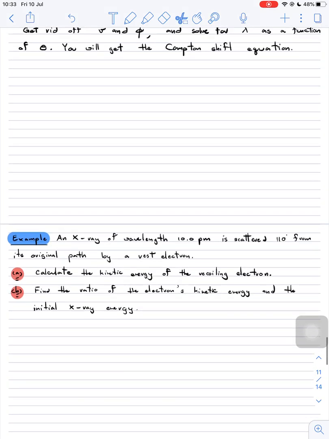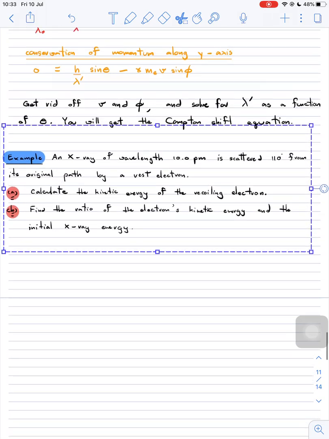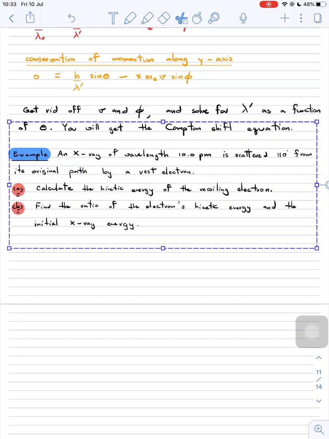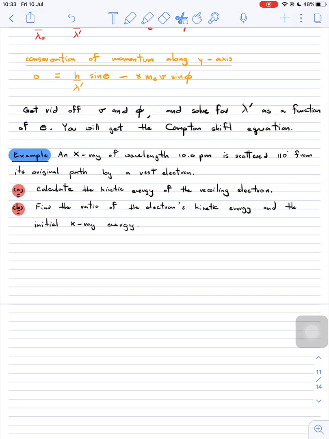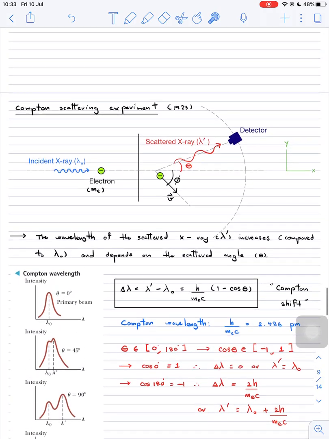Now let's look at examples. Let's consider this example. An X-ray of wavelength 10 picometers is scattered 110 degrees from its original path by a loose electron.